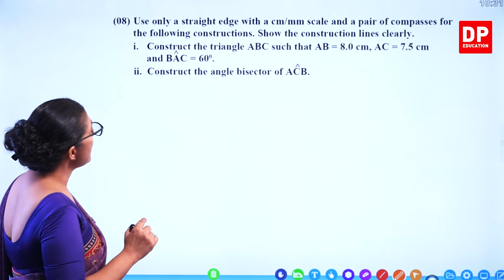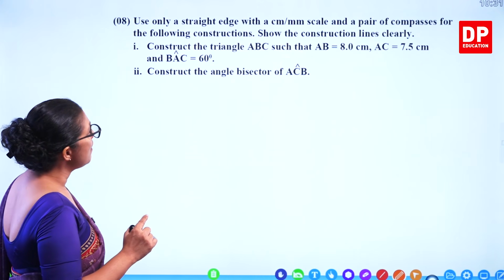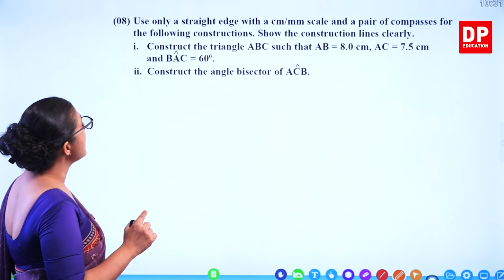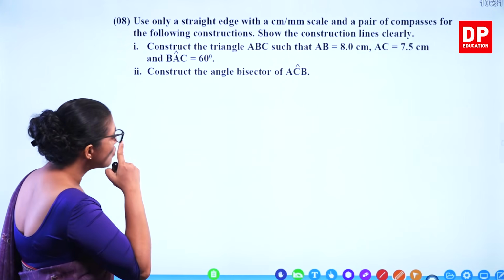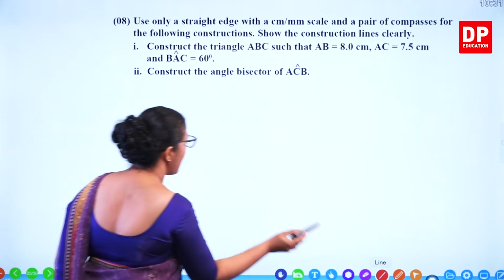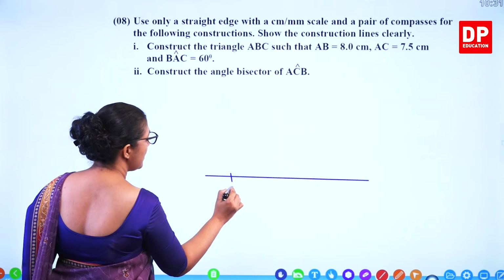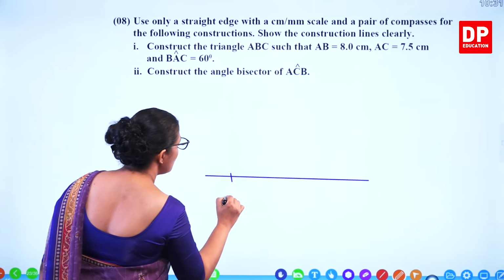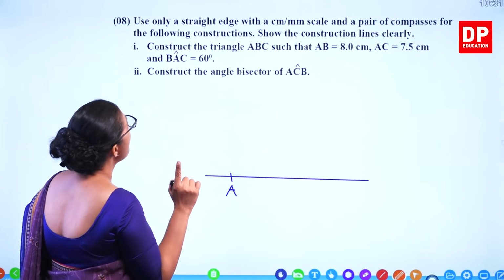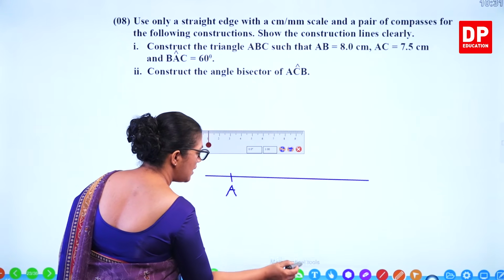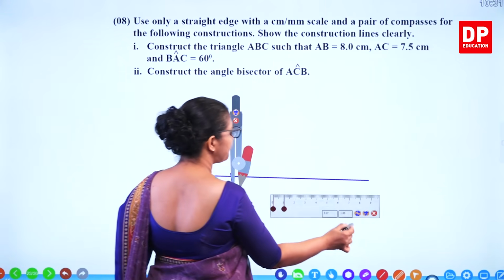Construct the triangle ABC such that AB is 8, AC is 7.5 and angle BAC is 60. So we'll first draw a line segment and we'll say A is here. So what do you do now? AB is 8 centimeters. So take the ruler and the compass.